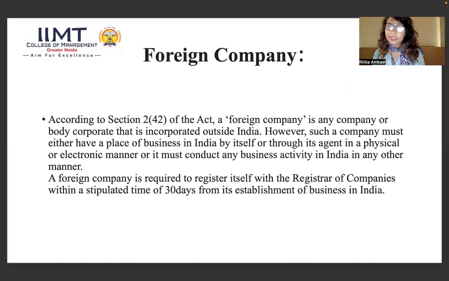A foreign company is required to register itself with the registrar of companies within a stipulated time of 30 days from establishment of business in India. As the name suggests, a foreign company is a body corporate that is incorporated outside India.